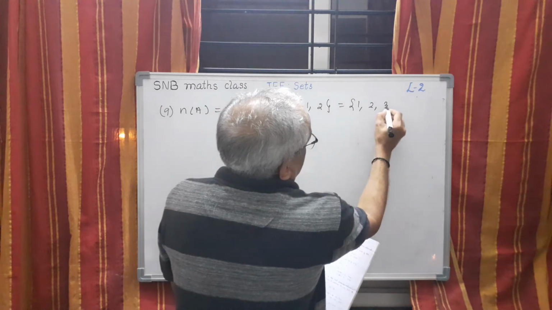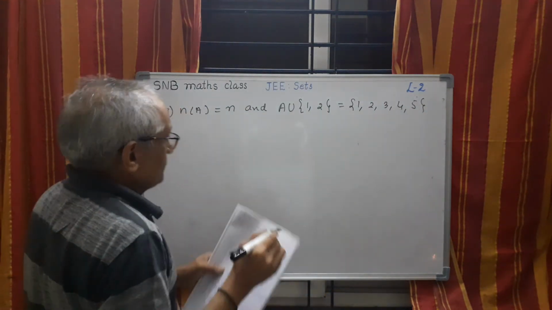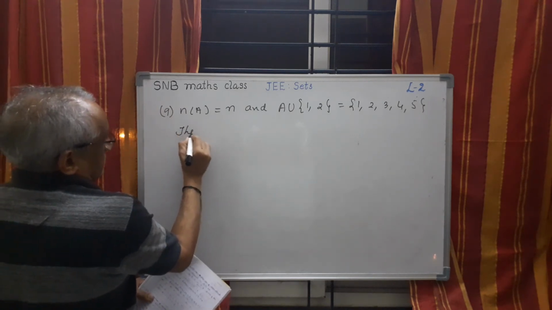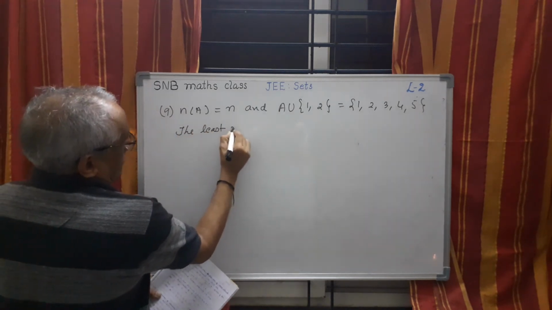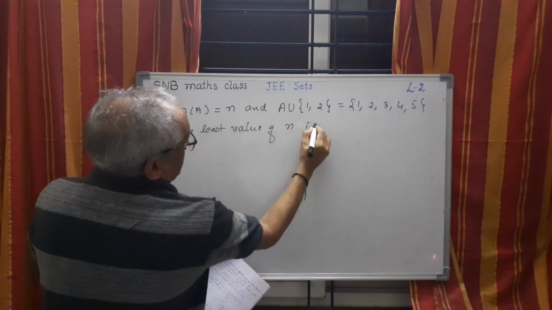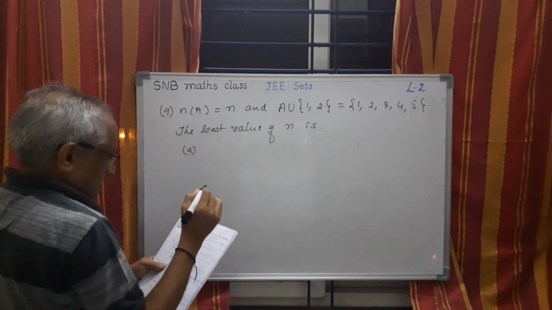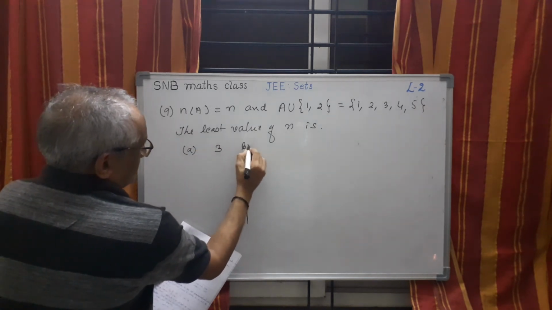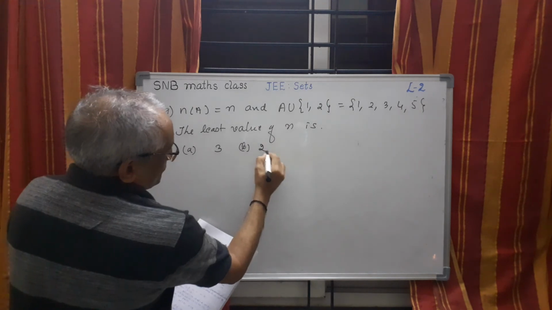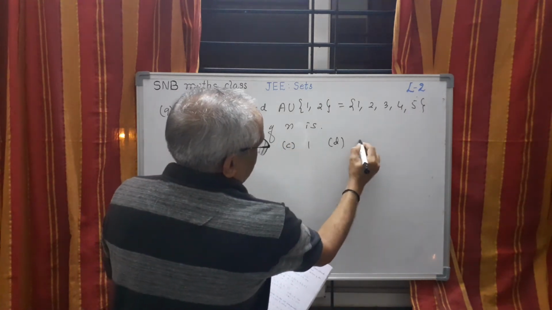Then the least value of n is? The options are A 3, B 2, C 1, D 0. See, this is a very interesting question.